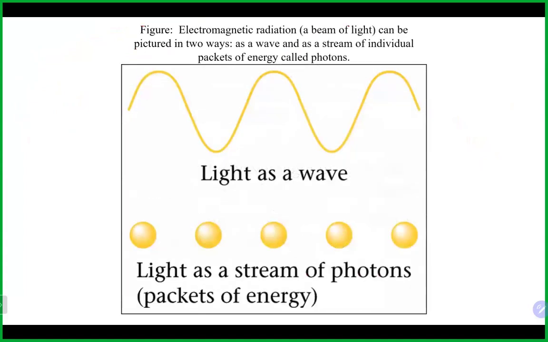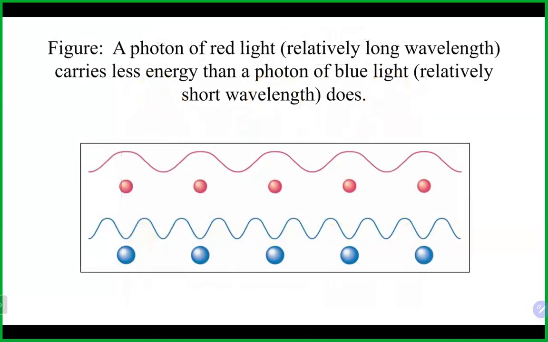So here again is light that's behaving like a wave, but we could also have it as a stream of packets of particles. And between red versus blue, blue has a much smaller wavelength, which means higher energy than our longer wavelength of red.